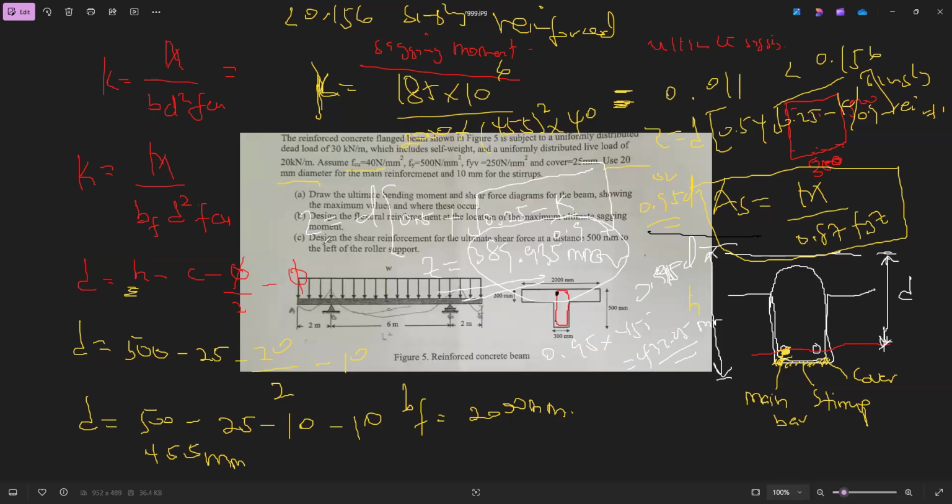So use that to find your AS, your area of reinforcement. The M is 185.